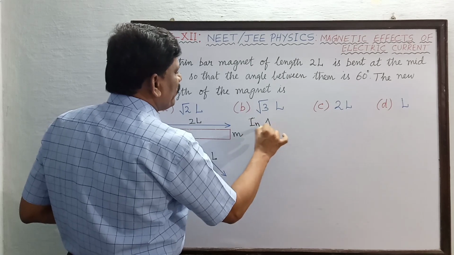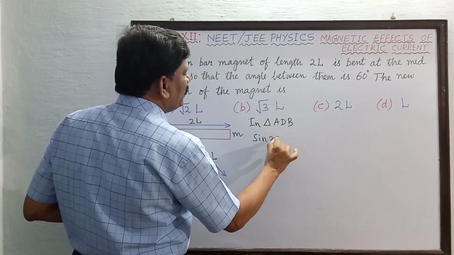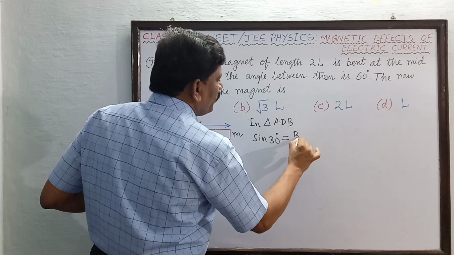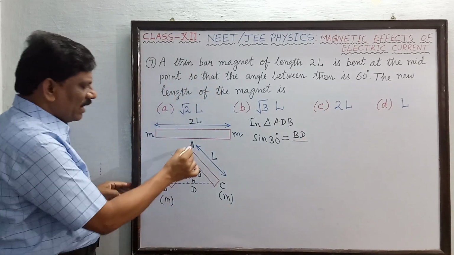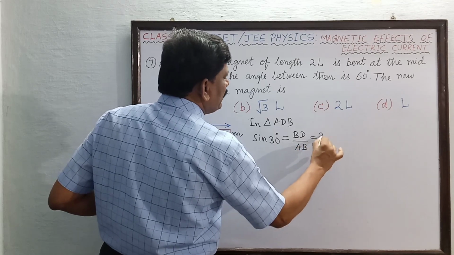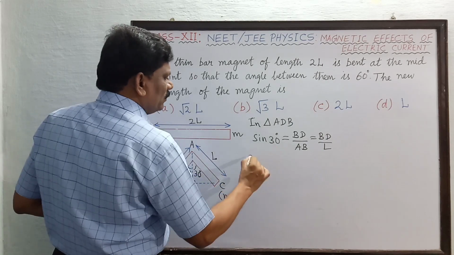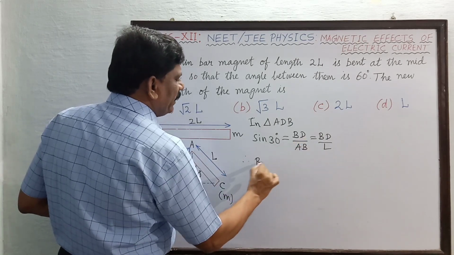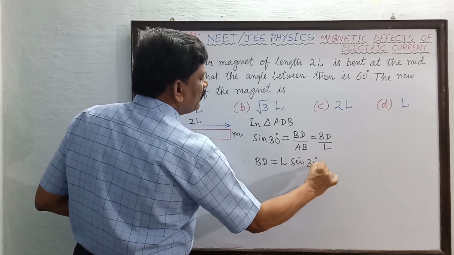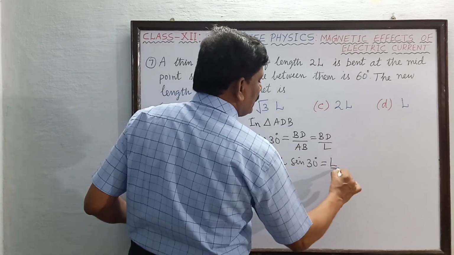So in triangle ADB, sin 30 is equal to opposite side BD divided by hypotenuse AB. So this is equal to BD divided by L. So BD is equal to L into sin 30. That is equal to L into 1 by 2. Is it not? Sin 30 is half. So this is L by 2.